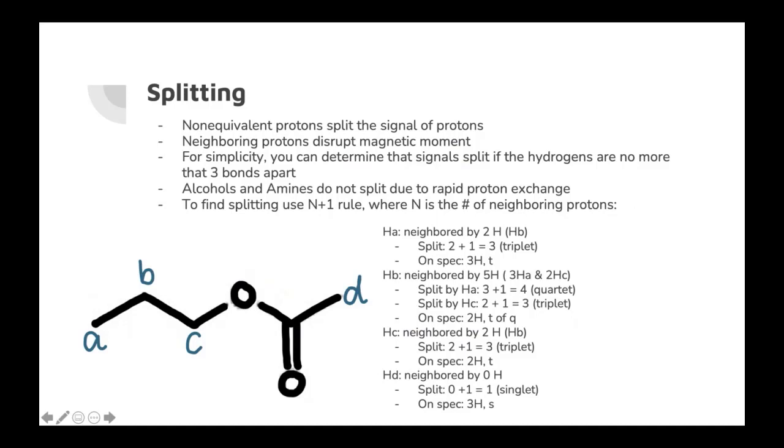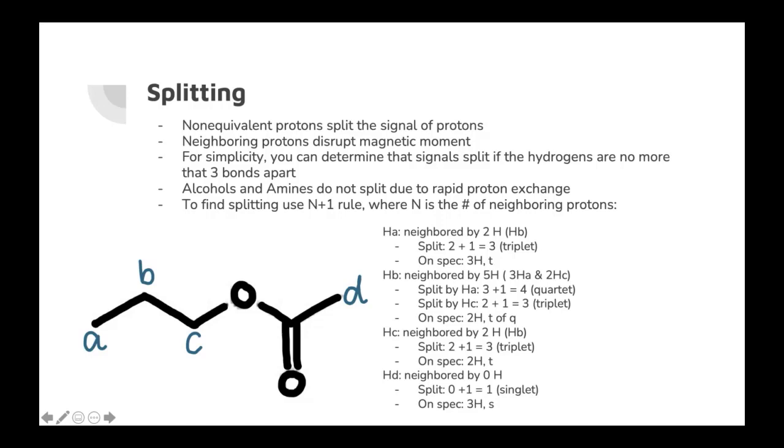Additionally, alcohols and amines are not going to split due to a rapid proton exchange. In order to find the splitting pattern, you're going to use the n+1 rule, where n is the number of neighboring protons. So if we look at this example molecule over here, hydrogen A's have 2 neighboring hydrogens, which are going to be the hydrogen B's.